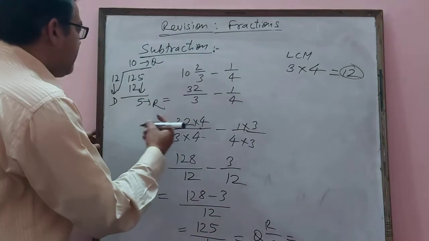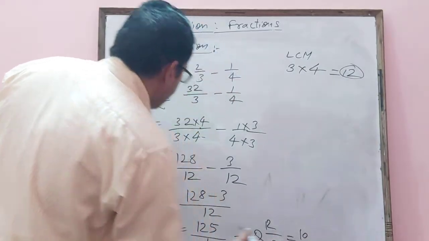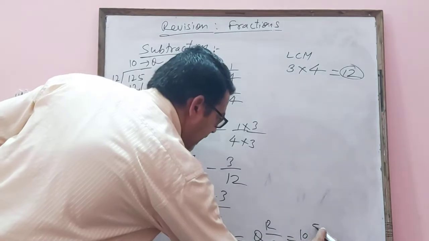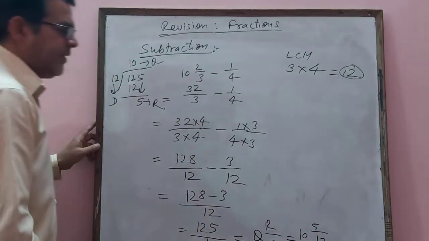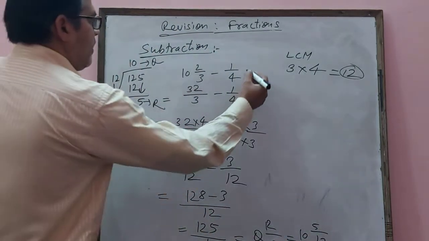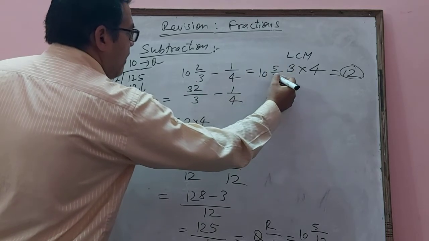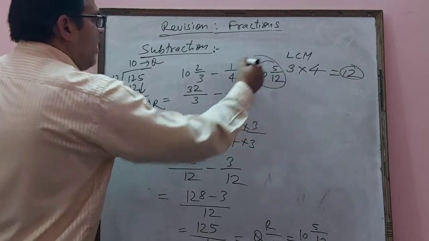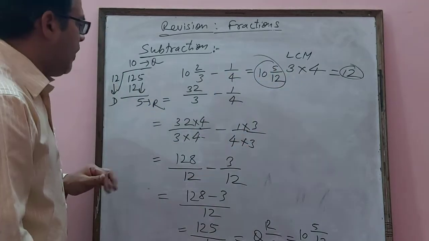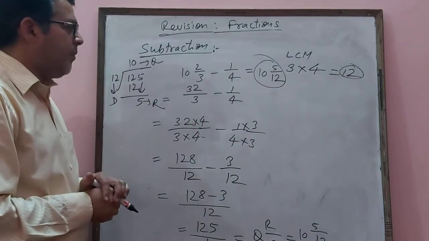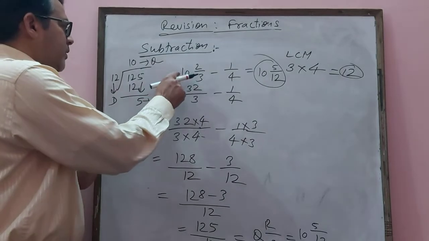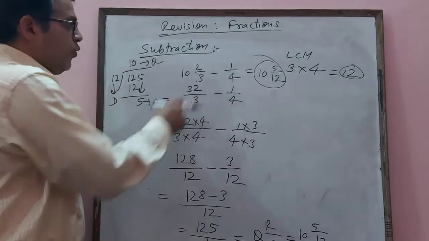So quotient is 10 here, remainder is 5, and 12 is divisor or denominator. So we can say that 10 whole 5 by 12 we will get when we subtract 1 by 4 from 10 whole 2 by 3.